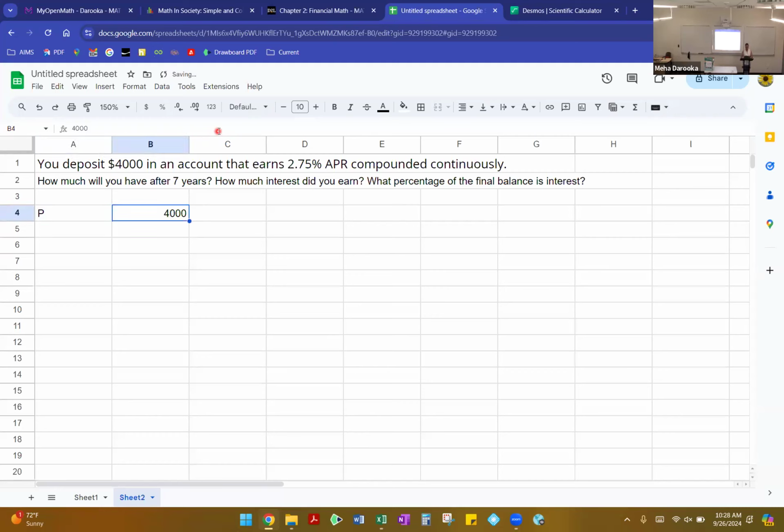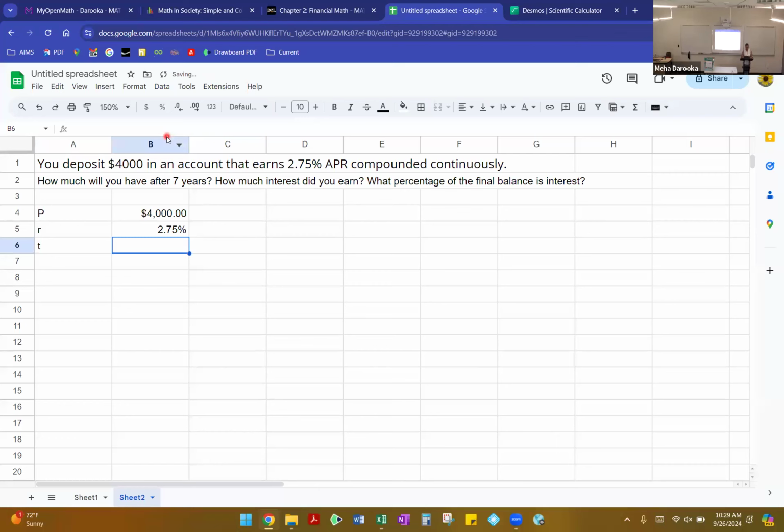So 4,000, and we're again going to format this as a dollar amount. We are earning an interest rate, so that's the R value of 2.75. Let's see what happens when we make that into a percent. It still makes it 275. So let's put a decimal in there, 2.75.